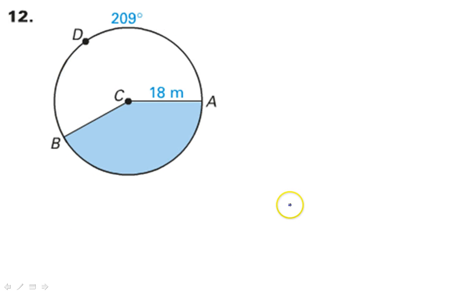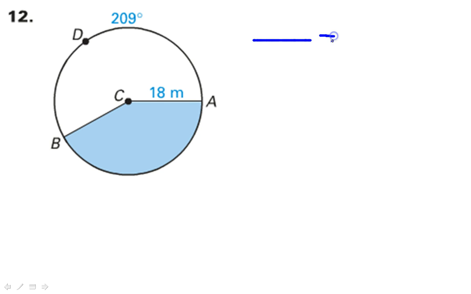Number 12. I'm still looking at this sector, this slice of pizza. So that tells me I'm still going to be doing part over whole equals part over whole. Now there's one trick to this one. One thing that a lot of kids would probably do wrong if I didn't point it out to you right now, so I hope everybody's paying attention.